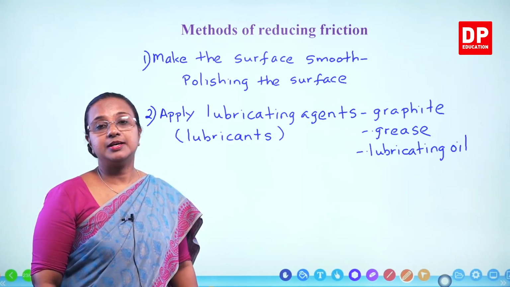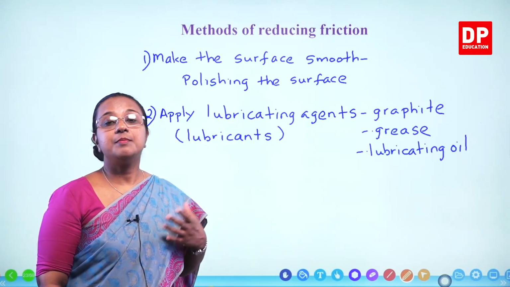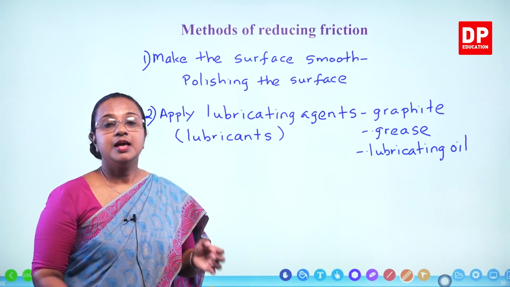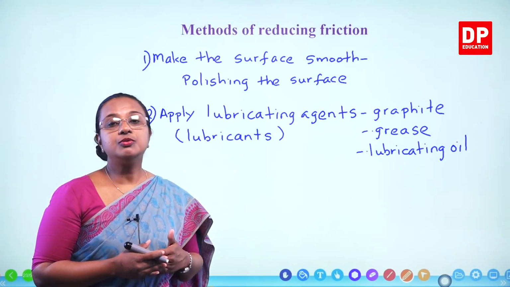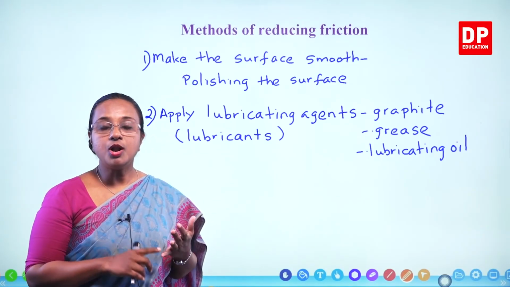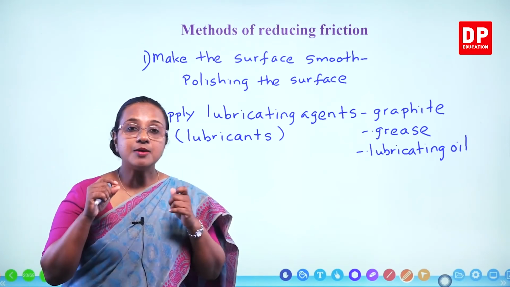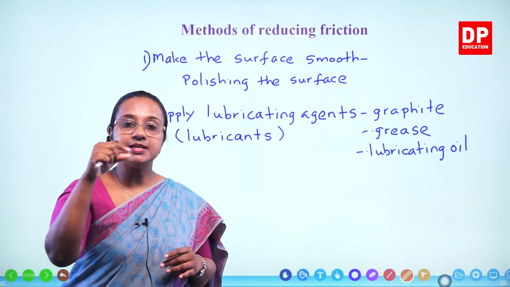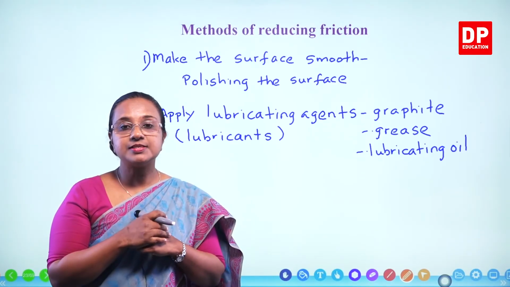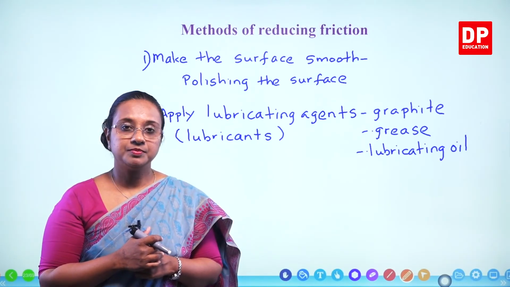The third method of reducing friction is to insert bearings. It can be of different types. Two common ones are ball bearings and roller bearings. These are balls. Ball bearing means balls inserted between surfaces that are moving relative to each other.